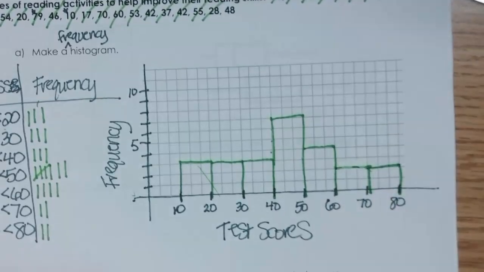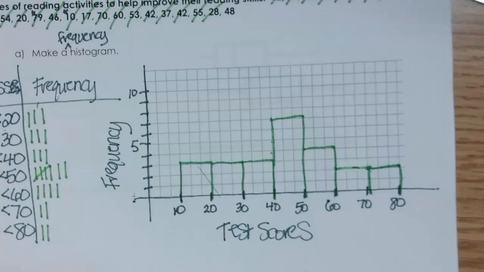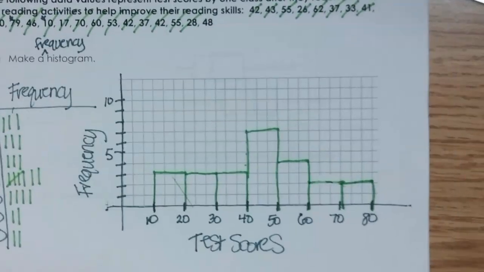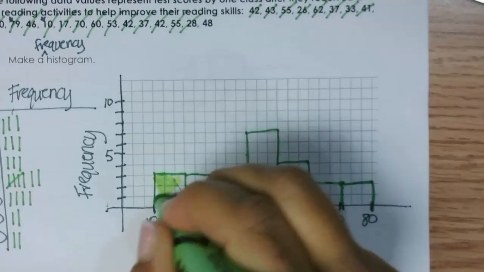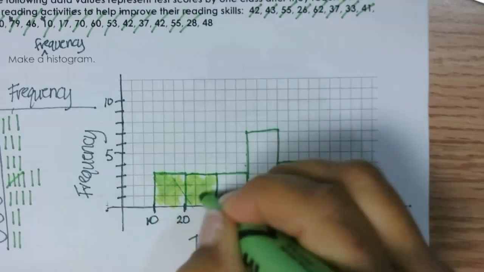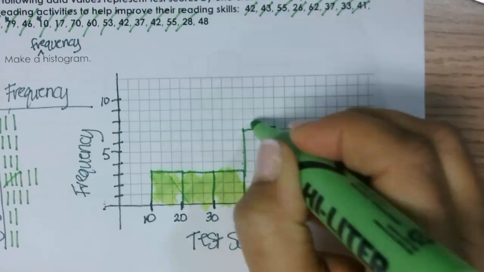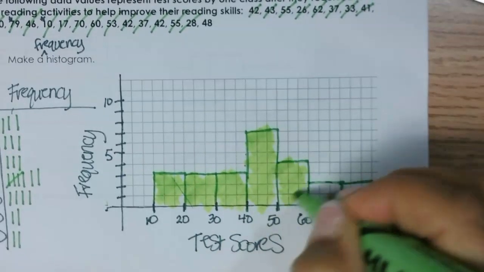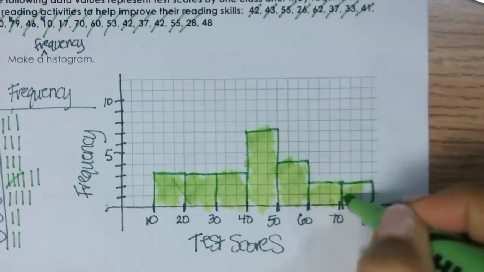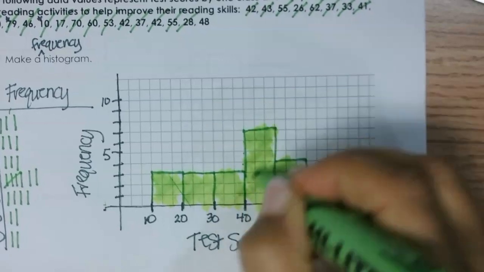Okay, and again, traditionally, to help people from far away see, we do shade in the bars of our histogram, just so that it's a little easier to see what that shape is.